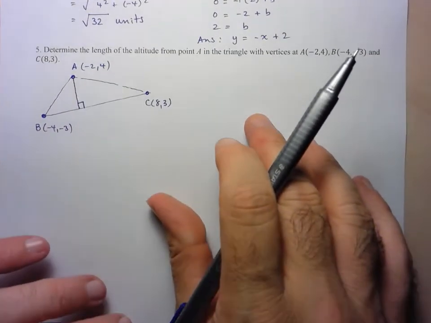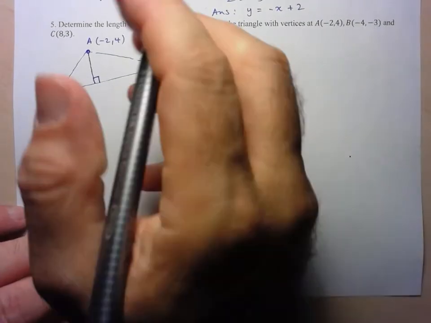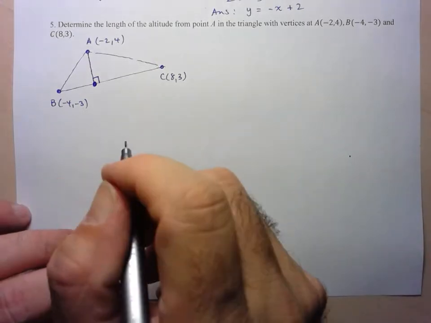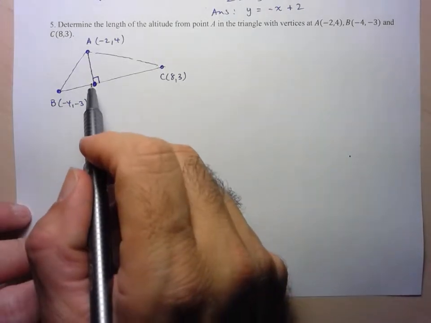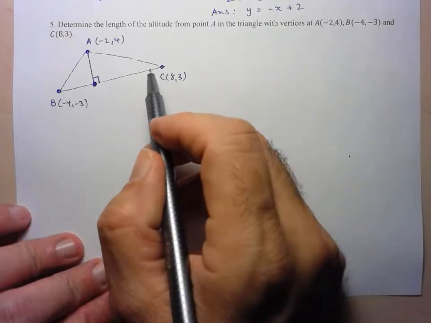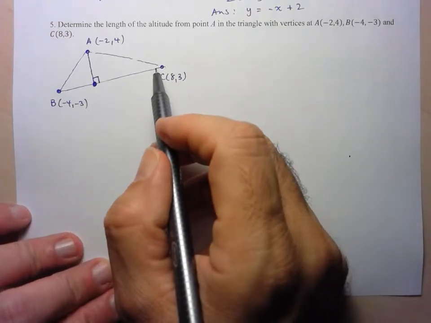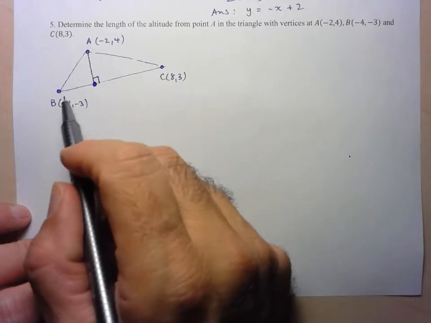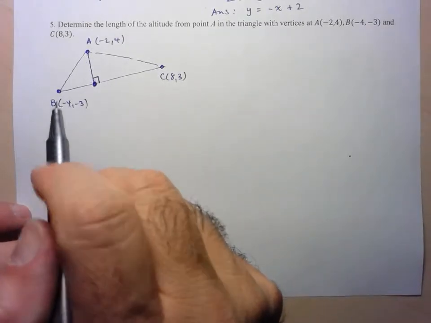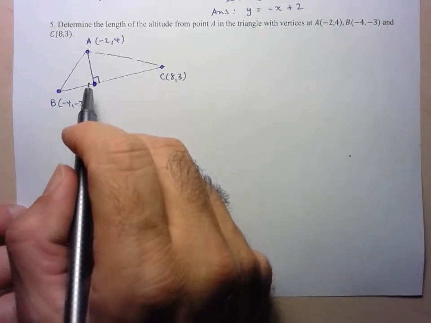Here, a little more work is needed because I'm going to have to first find this point here. But what I want you to keep in mind is that this point is just the point of intersection between the segment BC and this altitude that we're looking for. That's how we're going to determine this point, as a point of intersection.